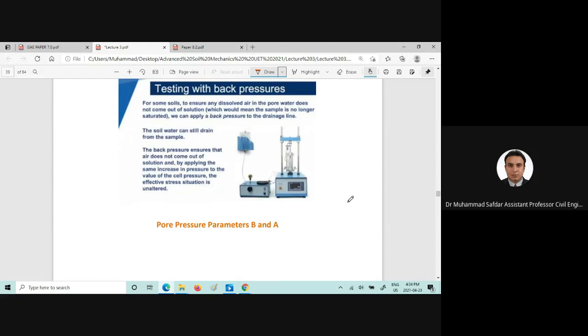So two topics which I need to clarify today: one thing is related to back pressure and saturation, and the other point is sample preparation, because you are going to start the term project, and even assignments or quizzes related to the triaxial test will be given. So you need to understand the sample preparation and saturation steps very, very carefully.